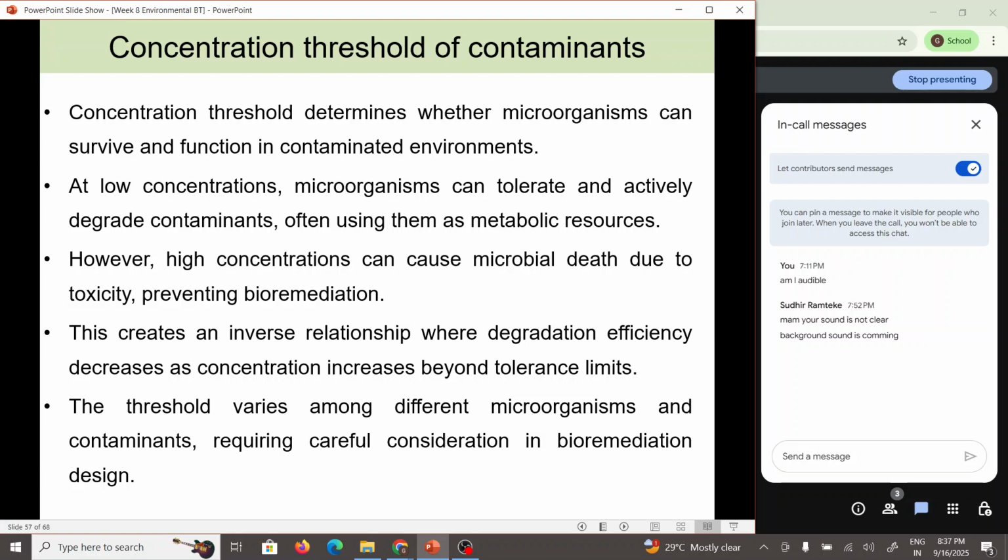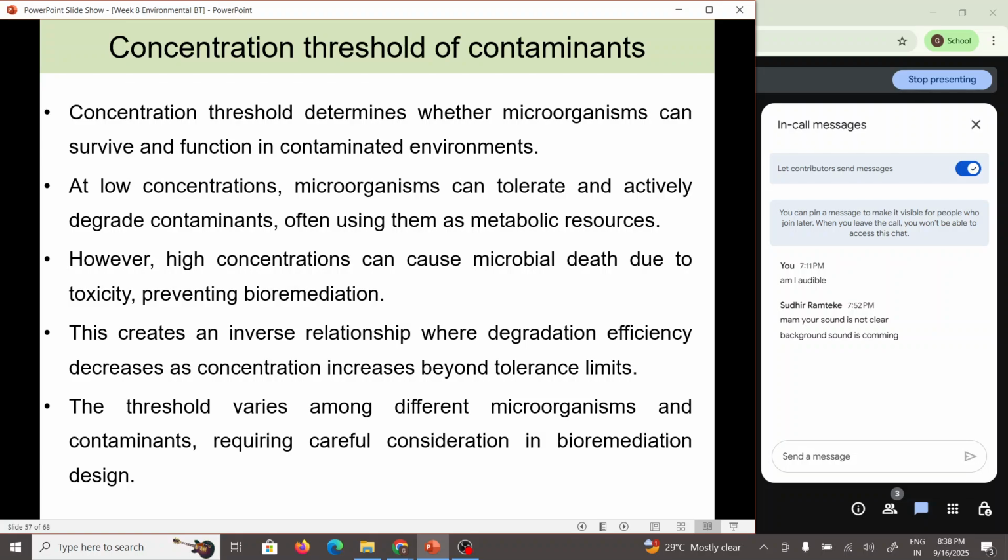And this was also one of the topics we discussed earlier, which is the concentration threshold of contaminants. Concentration threshold determines whether the microorganisms can survive and function in the contaminated environment. At low concentration, the microbes can tolerate the presence of that contaminant and still tend to be active in its metabolic processes, like its own energy generation, growth, cellular mass generation, and also degrading the contaminant.